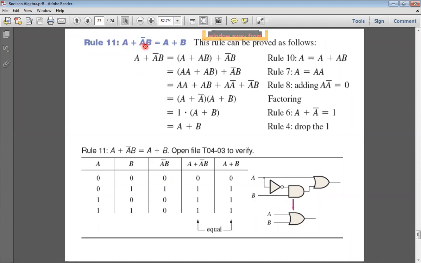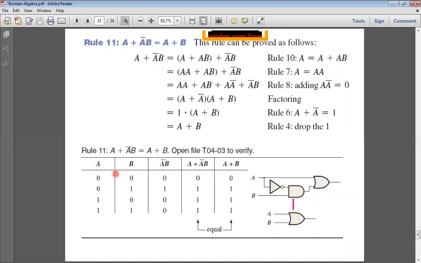So break this down to 2 steps. Calculate A bar B first and write down here. Add that result with A and write down in this column. And also calculate A plus B, because we want to see this is equal to this one. Calculate A plus B and write here. Okay, and since we are having two variables, what are the possible combinations?